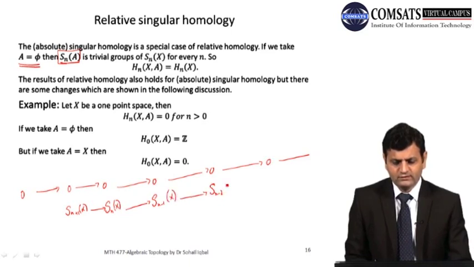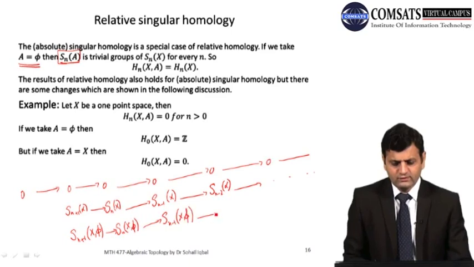Also we have this S_{n+1}(X,∅) in this case. So S_n(X,∅), because we took A to be equal to the empty set, is equal to S_{n-1}(X,∅), S_{n-2}(X,∅), and so on.